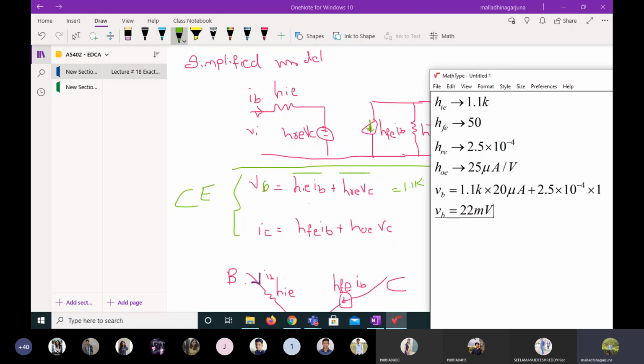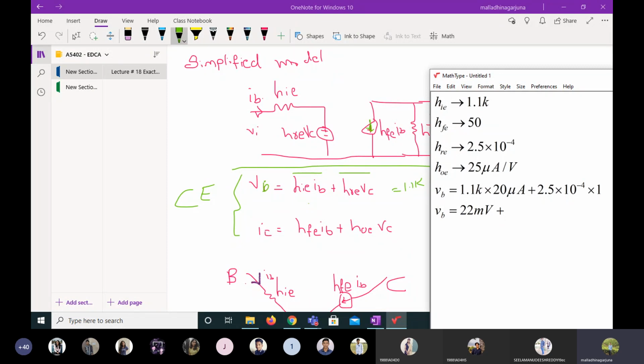So the voltage drop across HIE is 22 millivolts, the first portion. Next, plus 2.5 into 10 power minus 4 into 1, which is 2.5 into 10 power minus 4 only. This also you convert into milli.